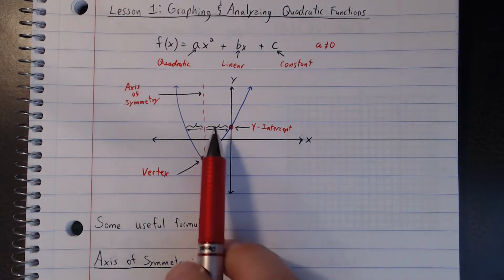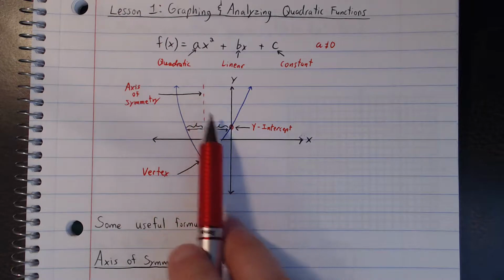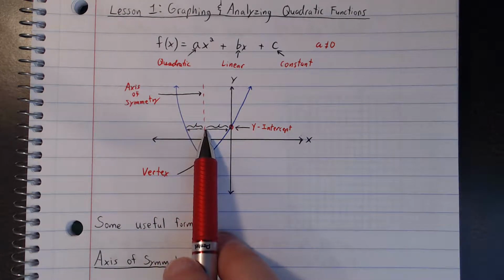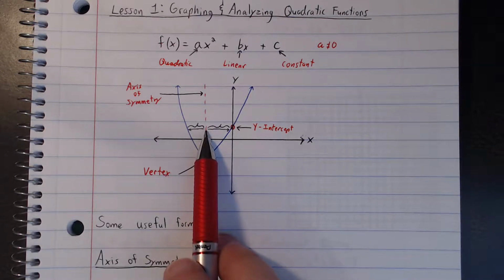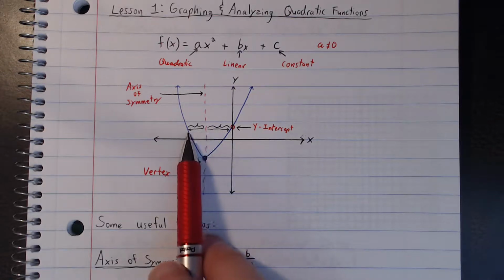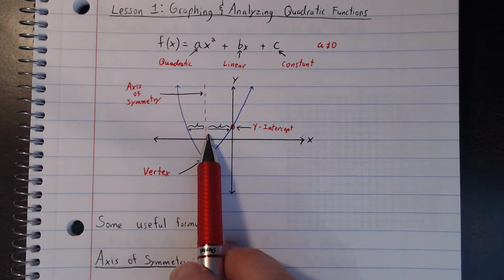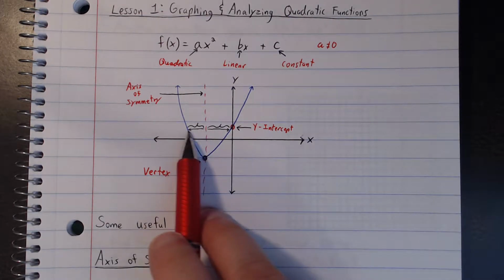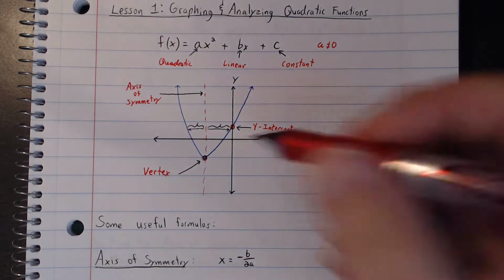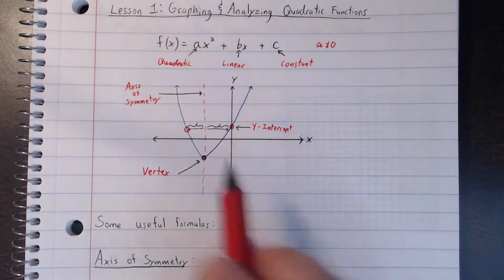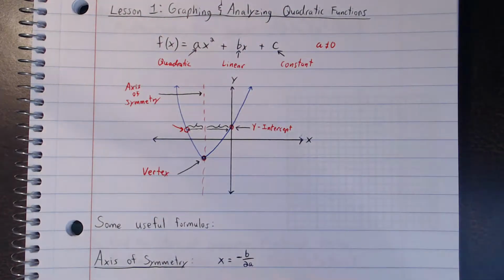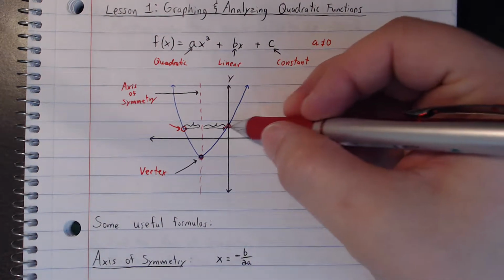Because we have an axis of symmetry, we know that on both sides of that axis, the distance between the axis and the function itself should be equal. So whatever length this happens to be here, we would have the same distance over here, which is very useful because we can figure out the exact location of this point because it's going to be the same height as our y-intercept.